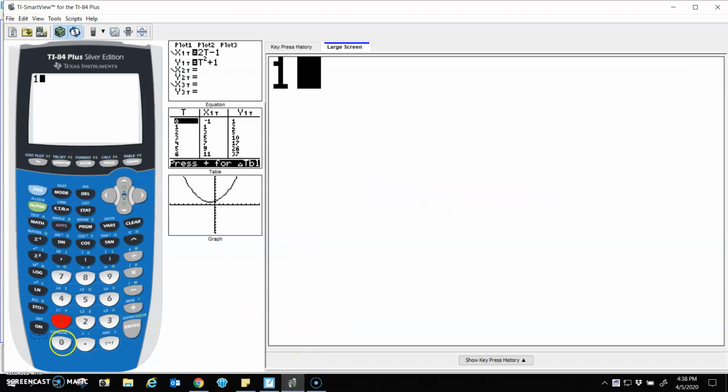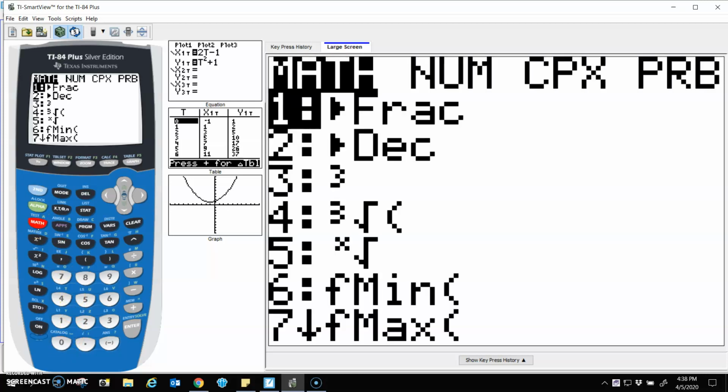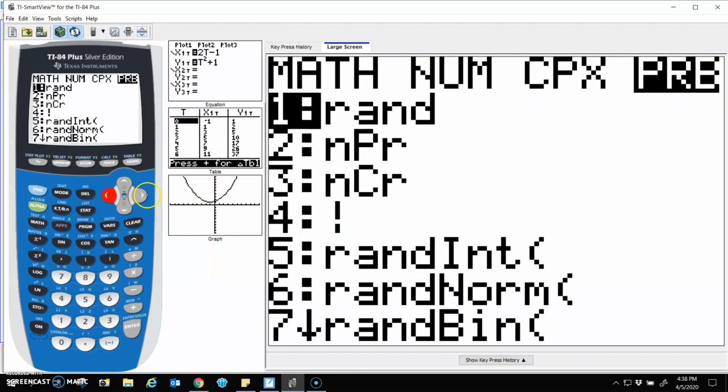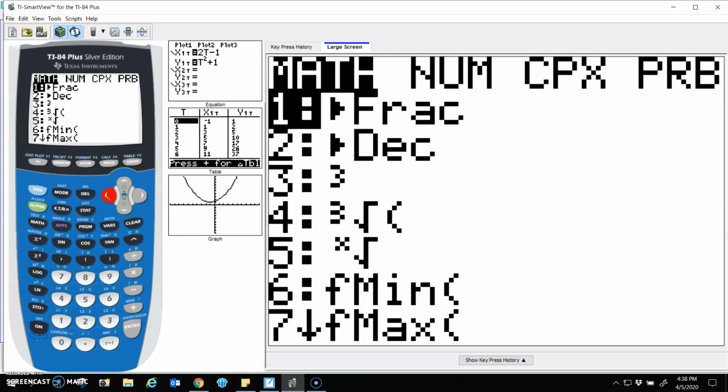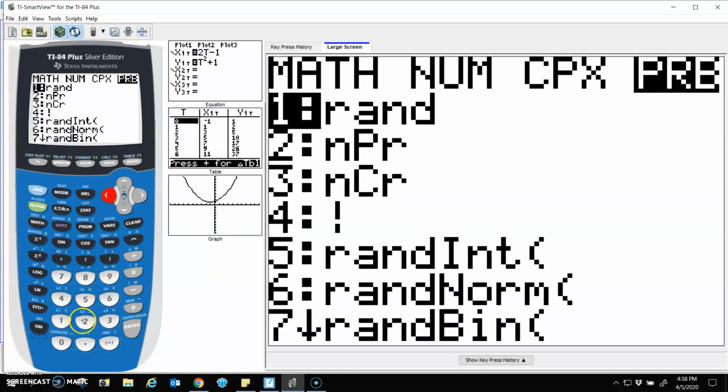So we're going to hit the number 10, go to math. You see right here where it says probability, we want to go over there and you see right here, nPr, we want to hit that. Ooh, it did not work. Let's try this again. 10, math. I forgot to hit 2, didn't I?